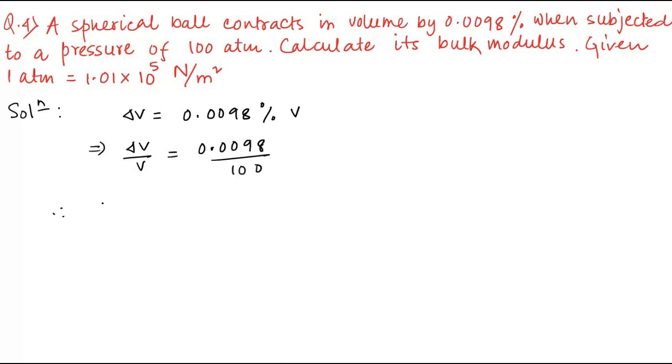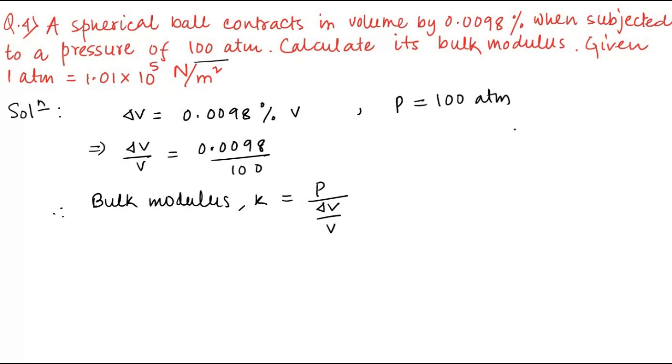And we know that bulk modulus K is equal to P divided by delta V by V. And here the pressure is equal to 100 atm, right? And 1 atm is equal to 1.01 into 10 to the power 5 Newton per meter square. So just convert this atm in Newton per meter square. So it would be 100 into 1.01 into 10 to the power 5 Newton per meter square. Now just put the value in this equation.